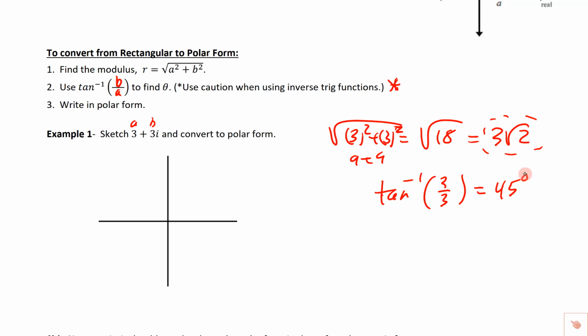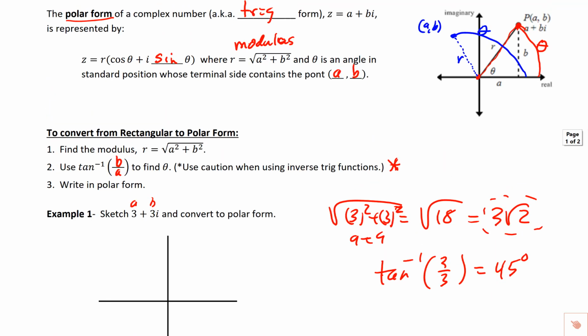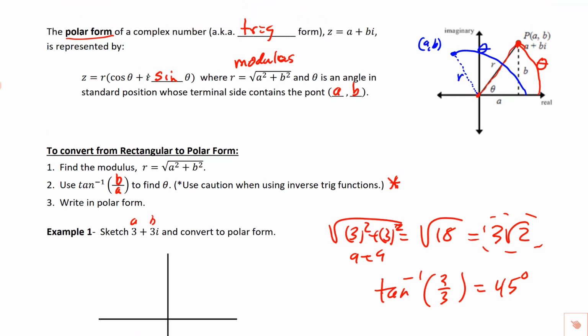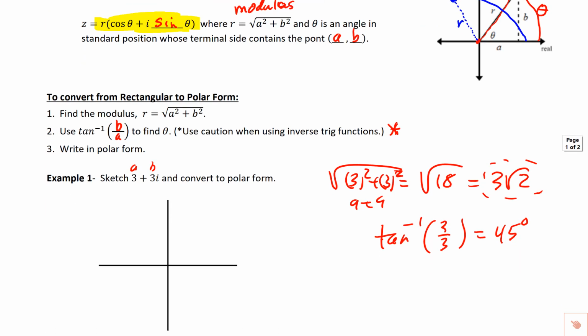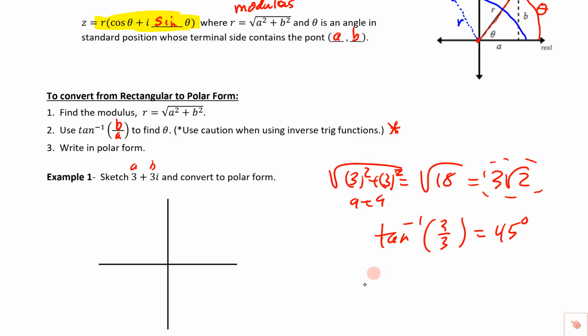So we just have to write this in polar form. Now here's what polar form looks like again. Okay, so we could slide it up here and say, this is what it is. It's got to look like this right here. Okay, that's polar form. So I'm going to slide this down here, and we're going to write down, okay, we've got to have r, that's the modulus, so I'm going to write down 3 radical 2, and then in parentheses I'm going to write the cosine of 45 degrees plus i times sine 45 degrees.